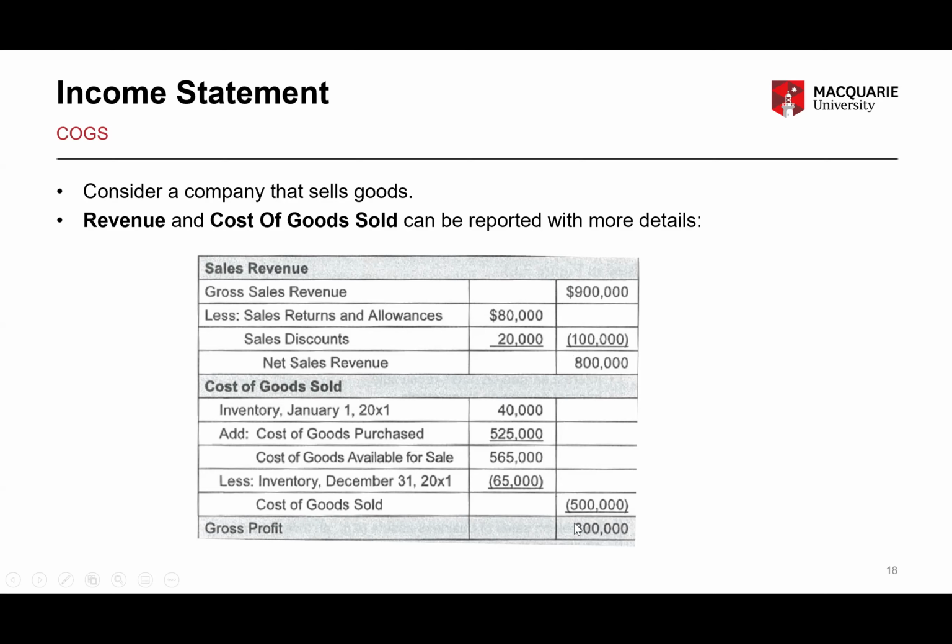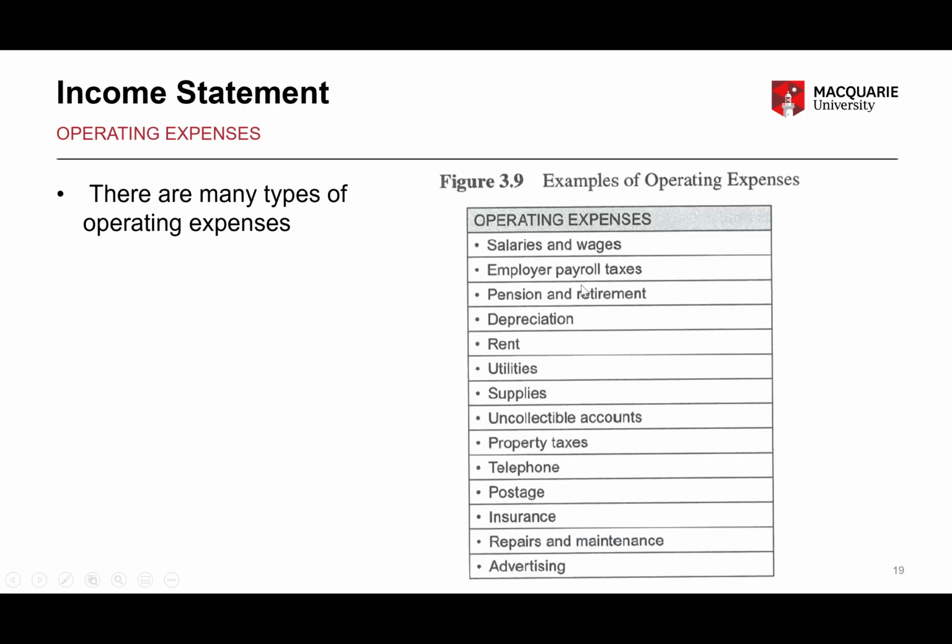And you'll notice that it is important to have that subtotal there because it helps us to do some ratio calculations later to do some analysis of the performance of the business. Right, then after that in the income statement, there will be the operating expenses.